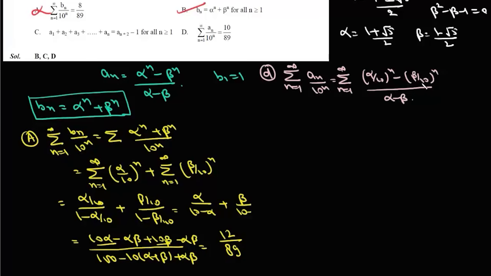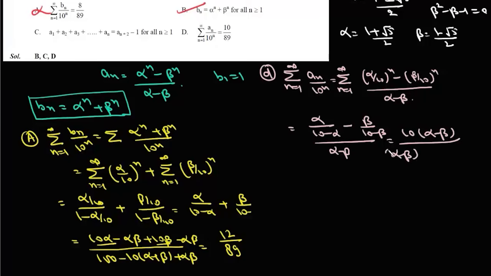Again, these are infinite GPs, which will have the same sums, but here we'll have a minus sign, so we can write alpha upon 10 minus alpha minus beta upon 10 minus beta, upon alpha minus beta. Now this is (10 alpha minus alpha beta minus 10 beta plus alpha beta). Alpha beta will cancel, so we'll get 10 (alpha minus beta) upon alpha minus beta, and this is (10 minus alpha) and (10 minus beta). Now alpha minus beta will cancel.